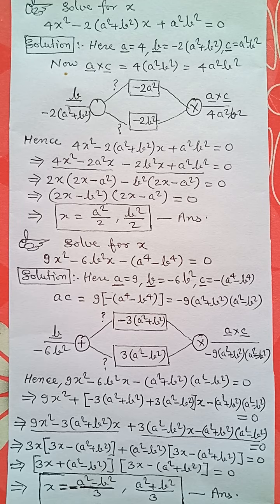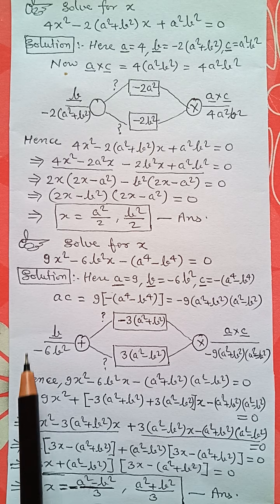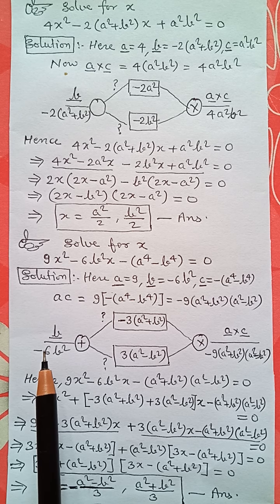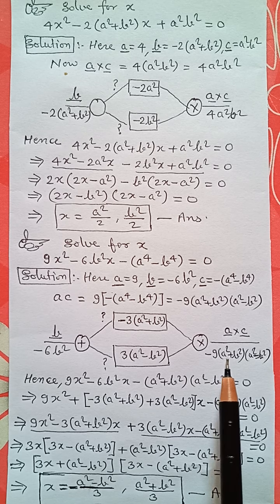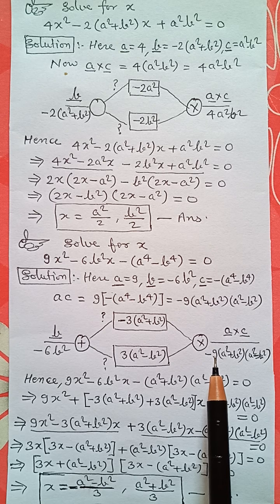Now we have to split this middle term into two numbers r and s such that their product is this. Now let us see. Here we have a product (a² + b²)(a² − b²) and 3 multiplied by 3.